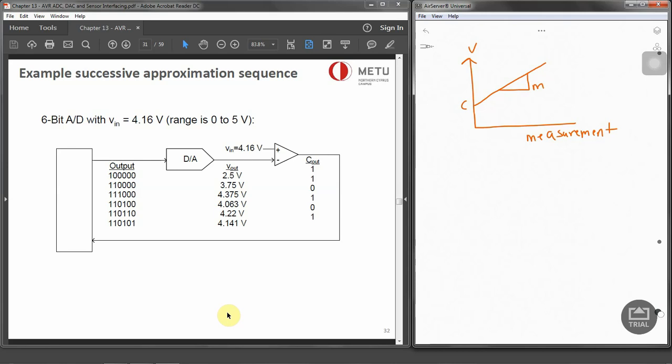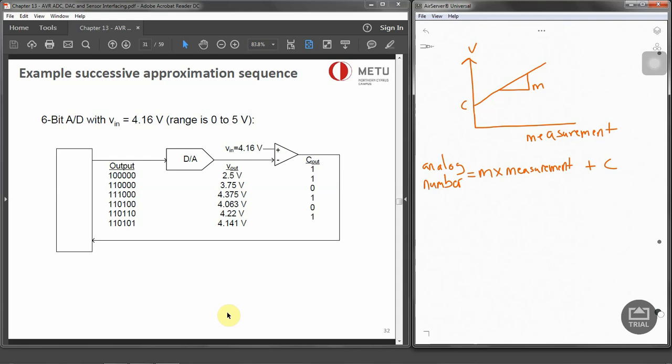Of course, the slope and the intercept. So what we can say is the analog number is going to be slope multiplied by the measurement plus intercept.